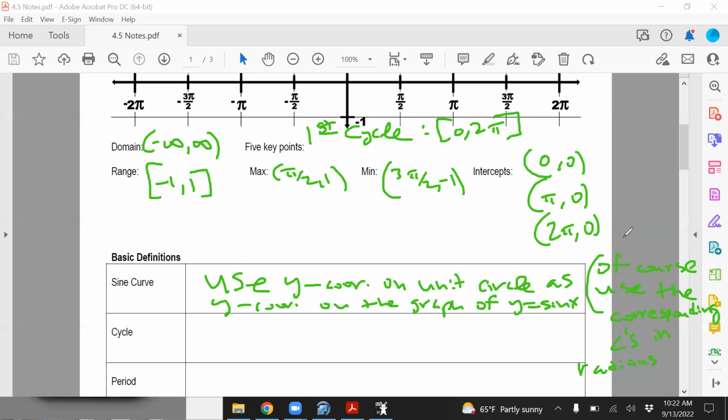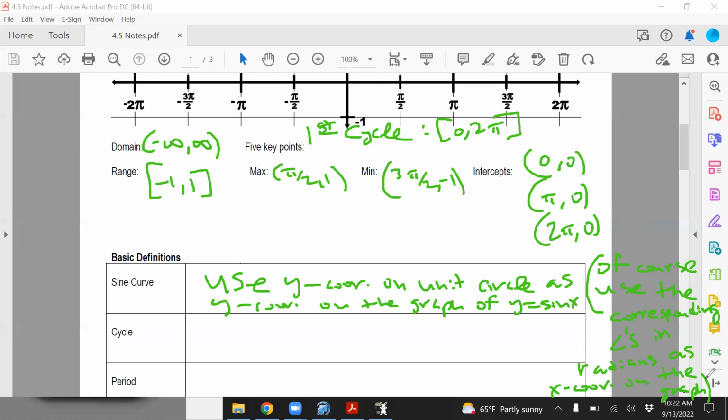But what I'm writing over here, of course, is to use the corresponding angles in radians as x coordinates on the graph. So you probably need to write that somewhere in the margin. Sorry, it's a lot of writing. But when you graph the sine curve, use the y coordinates in the circle as y coordinates on the graph of y = sin x, and use the corresponding angles in radians as the x coordinates on the graph.